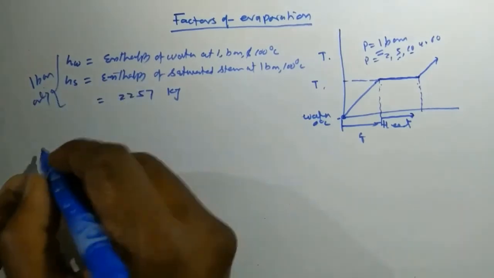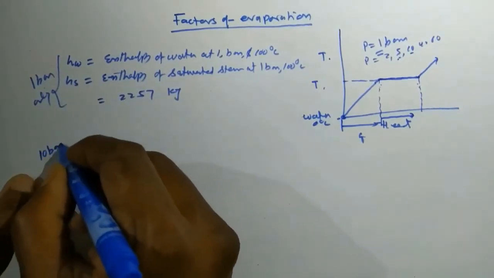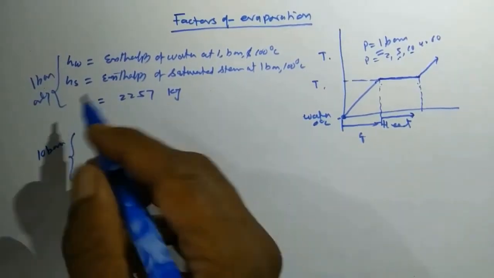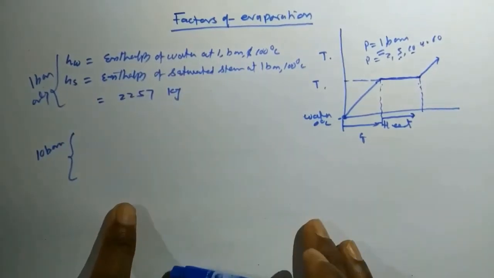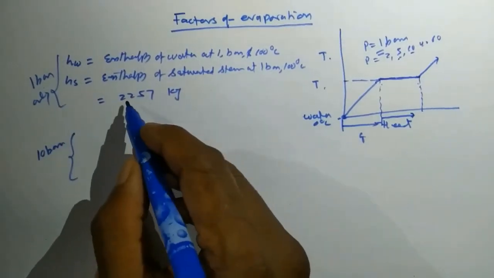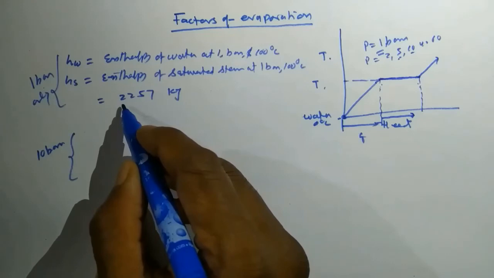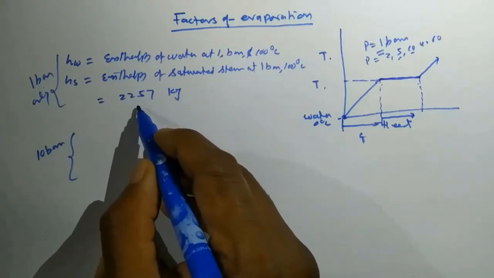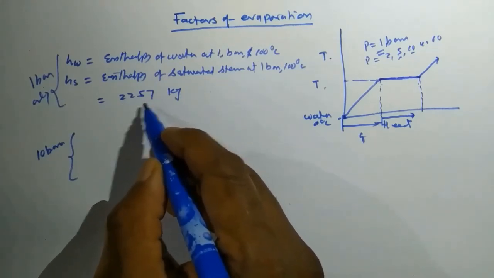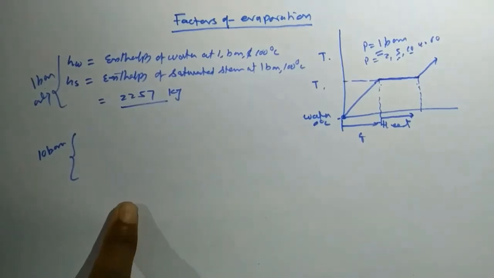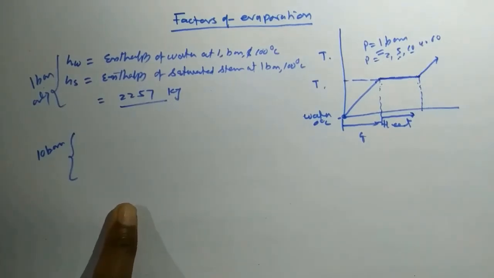If the pressure becomes 10 bar, the value of enthalpy is changed and the value of enthalpy of vaporization is also changed. The value of 2257 will be changed.